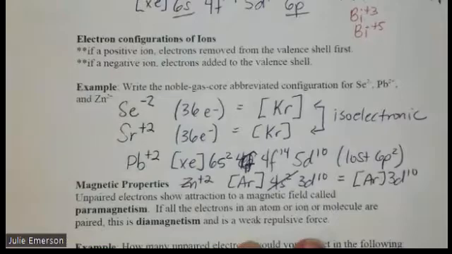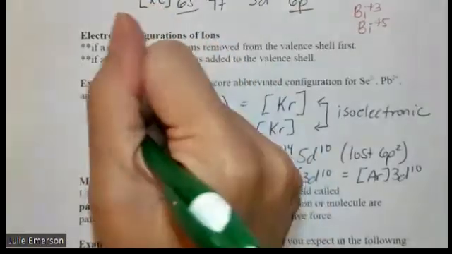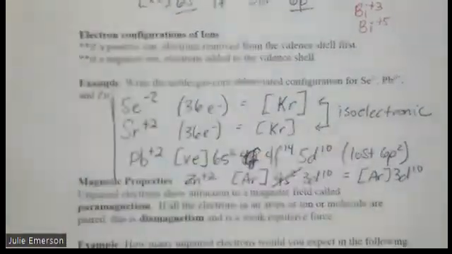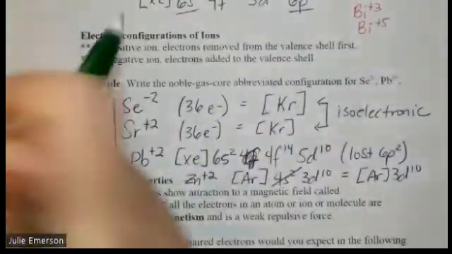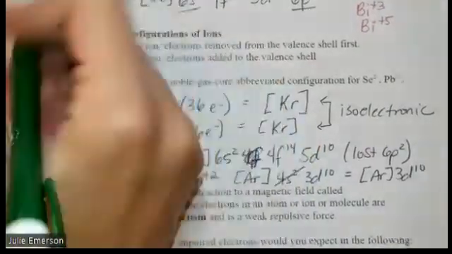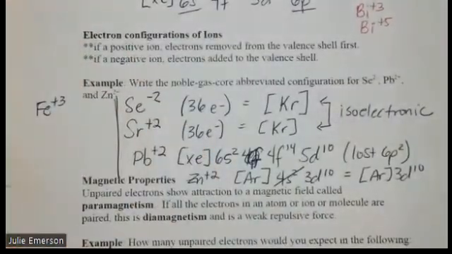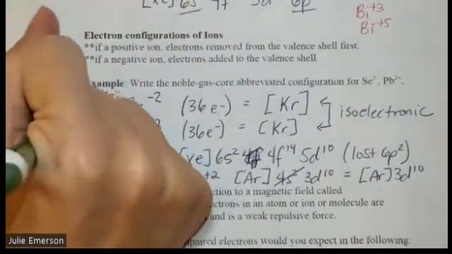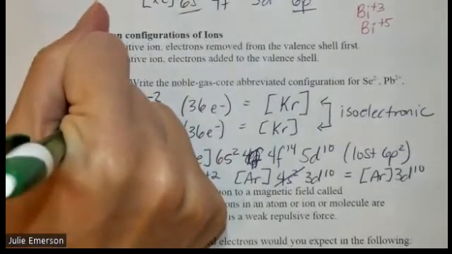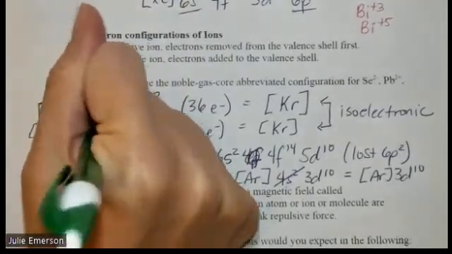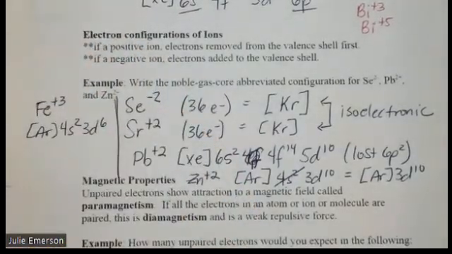So I'm just going to do another transition element here really quick, because I remember when I was first learning this, I was like, but wait, that doesn't make a ton of sense, right? So let's say we were looking at iron 3, all right? So ferric, all right? So if I start with just iron as the atom, it has an argon core and then 4s2 and 3d6. It's the 6th spot in the D block.